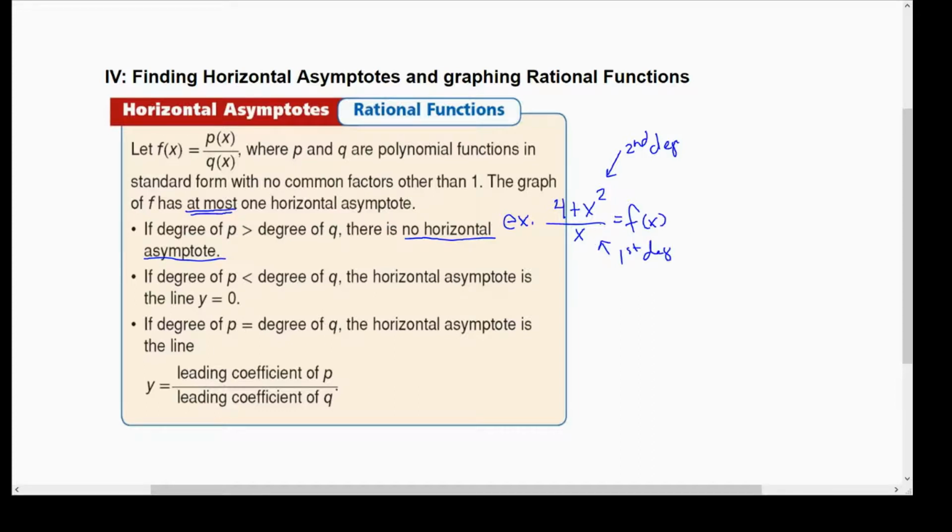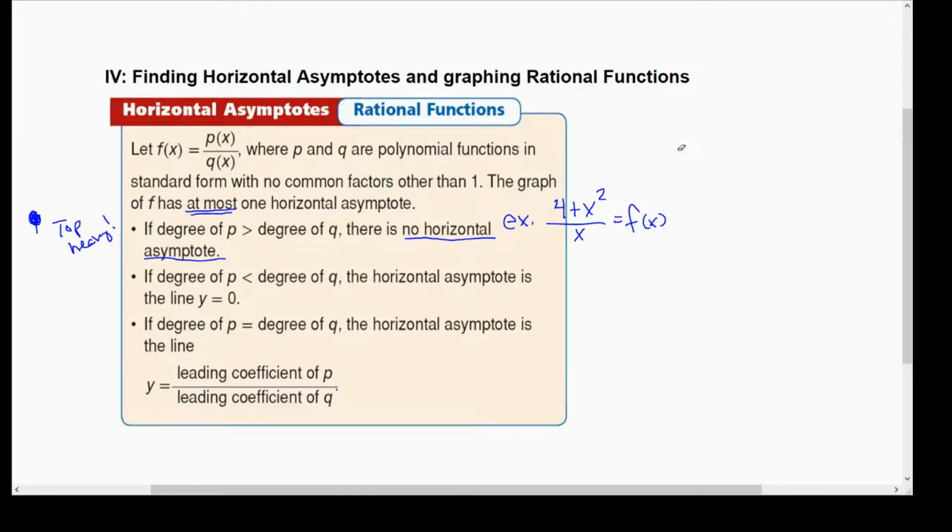This is a case where there will be no horizontal asymptote, where the degree on top is greater than the degree on bottom. I like to call this top heavy.